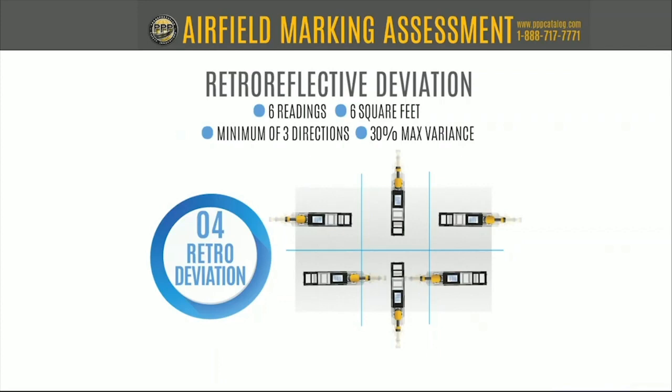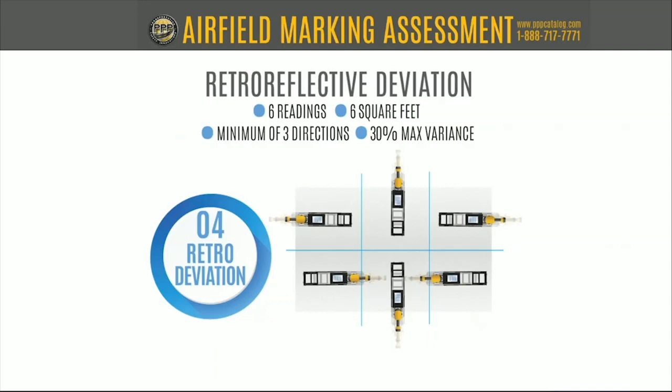This spec is unique to the airfield, primarily because the roadway system doesn't normally have such large markings that could vary in retroreflectivity substantially across a marking. Most of this variance is caused by multiple guns applying the material and overlapping. 30% is somewhat substantial, but sometimes you could be surprised at how easy it is to meet that threshold.